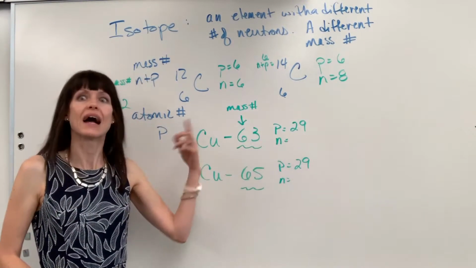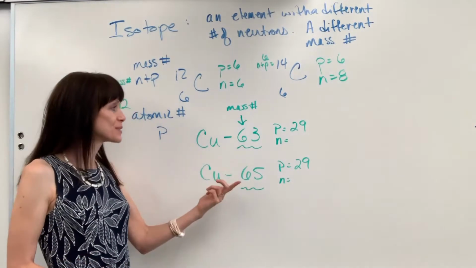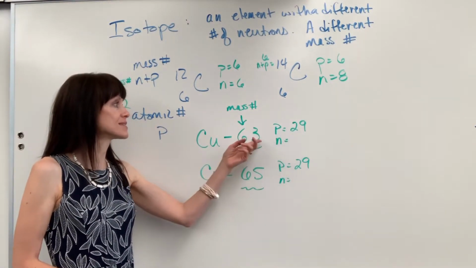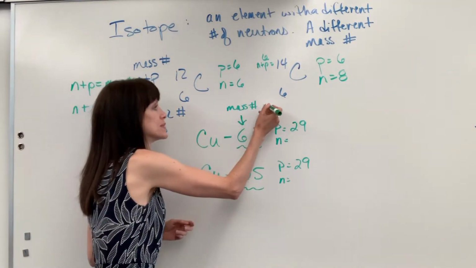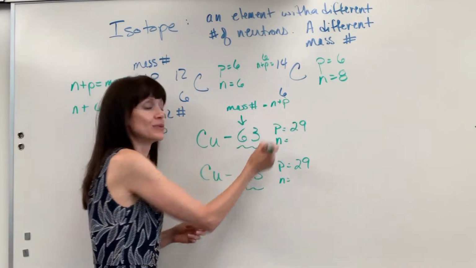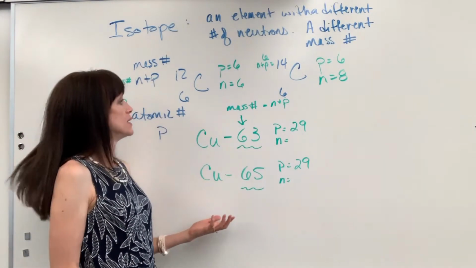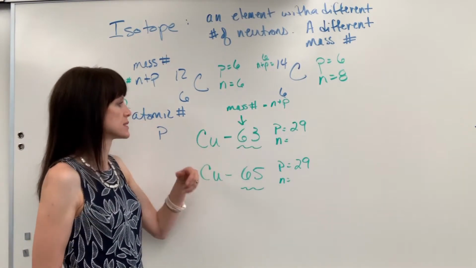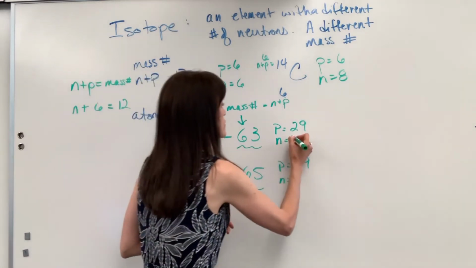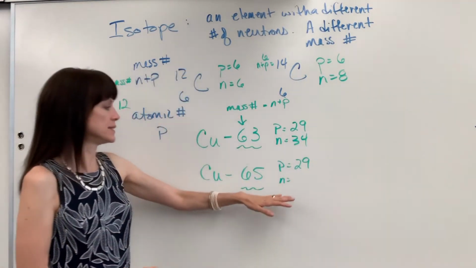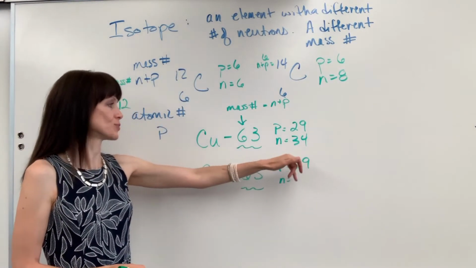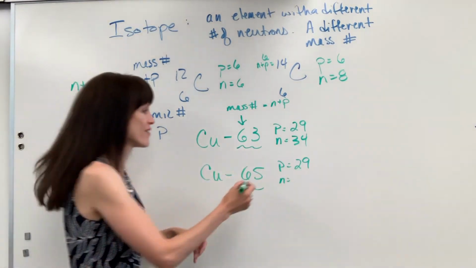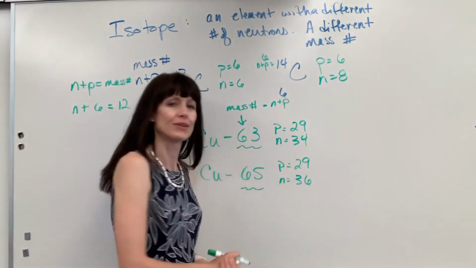So now you're thinking, how do I find neutrons? You just subtract the protons from the mass number because the mass number simply equals neutrons plus protons. So we will do 63 minus 29, and what are we going to get? 34. And then down here, I'll do 65 minus 29, and we have 36.